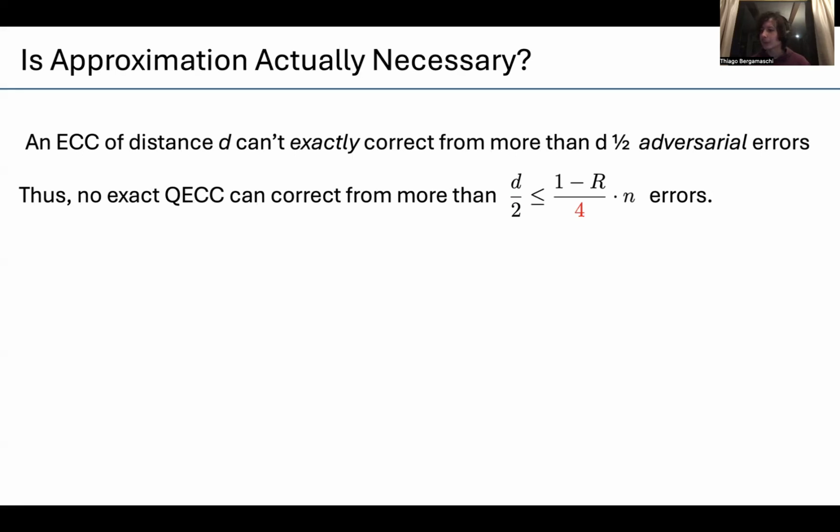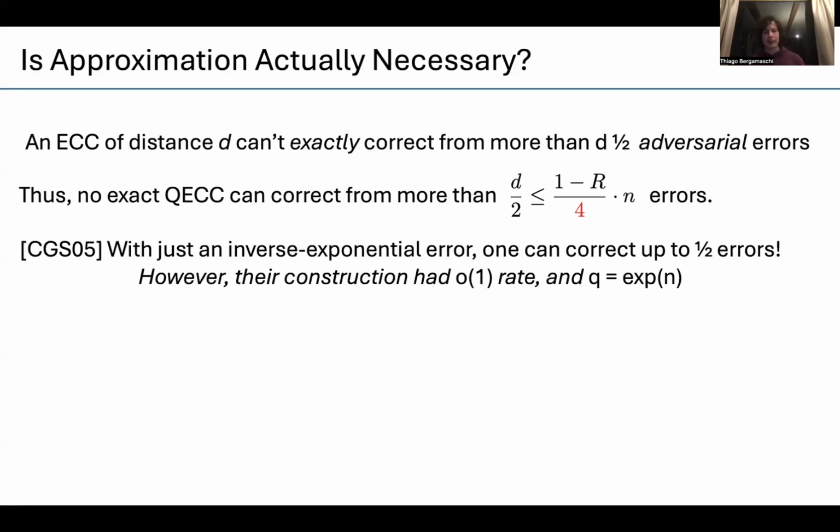And the intuition for why is that if you were to give to the decoder a point which lies exactly in between two codewords, so at distance d over 2 from both, there's no possible way for the decoder to distinguish which was the true codeword. Thus, applying this logic to the quantum singleton bound, we conclude that no exact quantum error correcting code can correct for more than d over 2, or (1 - r)/4, errors.